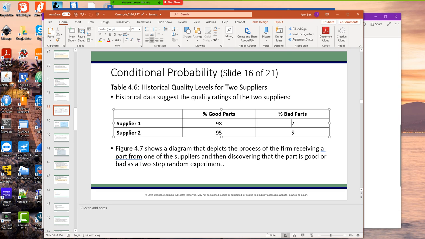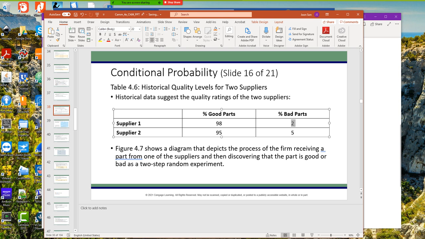There are 2 parts supplied by supplier 1 whose condition is bad. So there are 2 bad parts supplied by supplier 1.